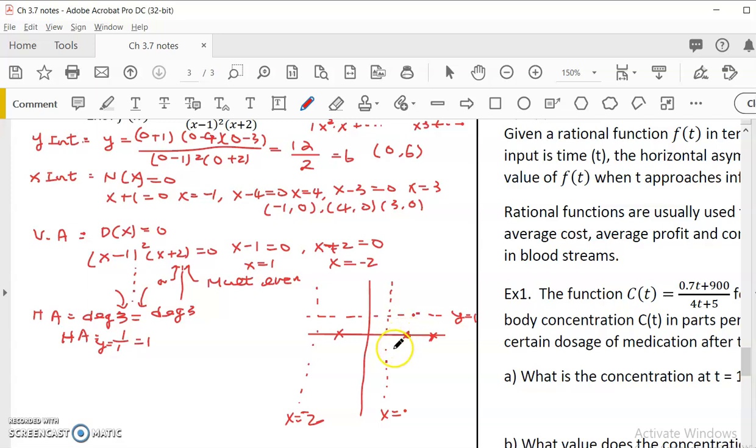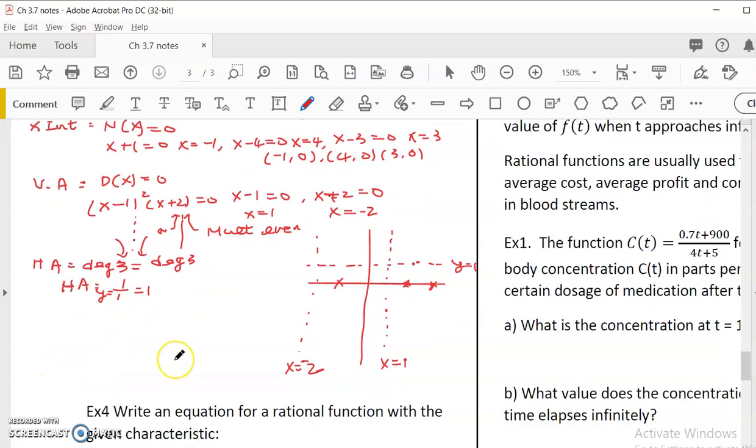So should we drop or not drop? When it is close to x equal to 1, should it go to negative infinity or positive infinity? Let's look at what happens when x approaches 1 from the positive side, on the right side. So y would be 1 positive plus 1, right?